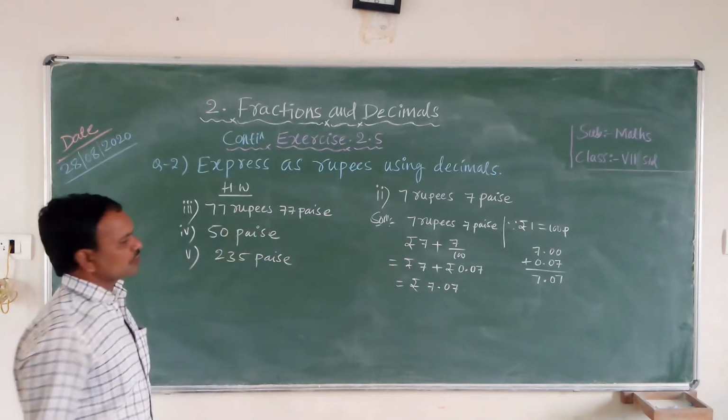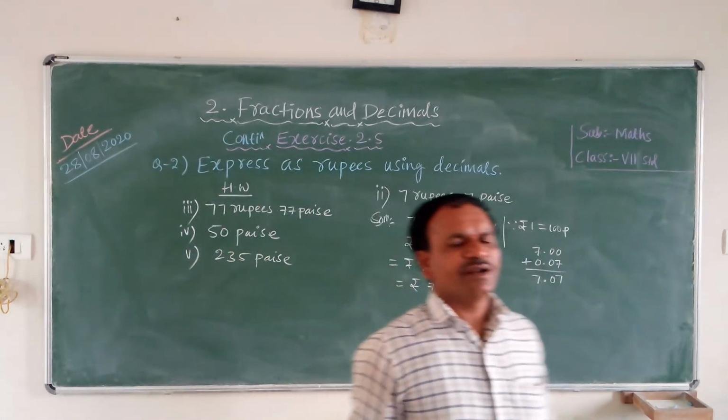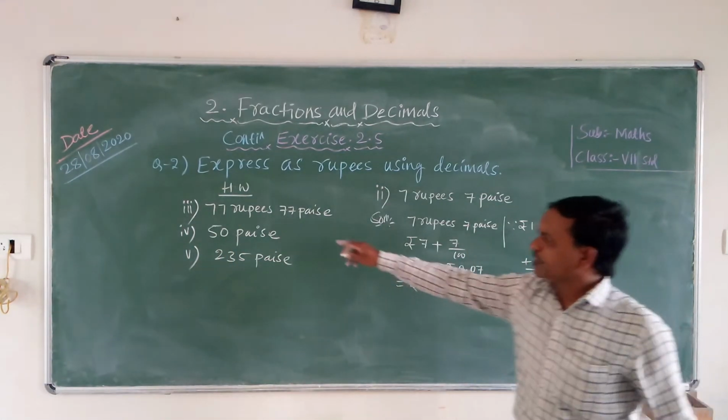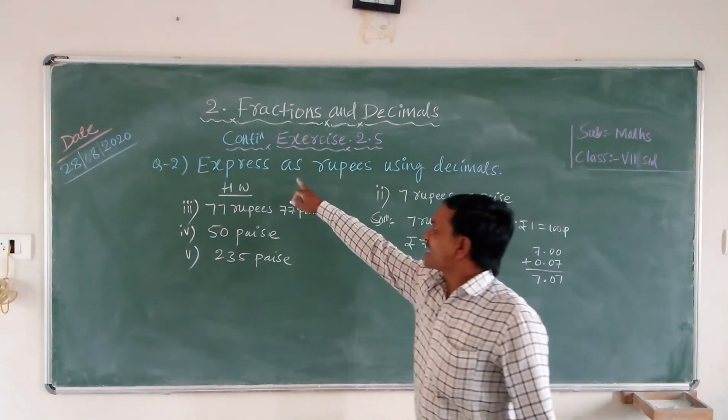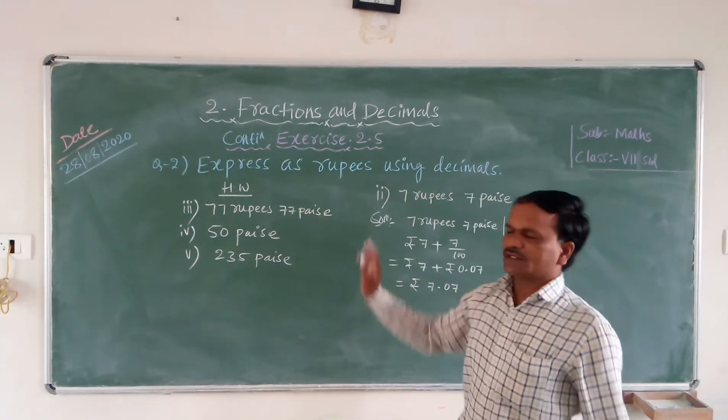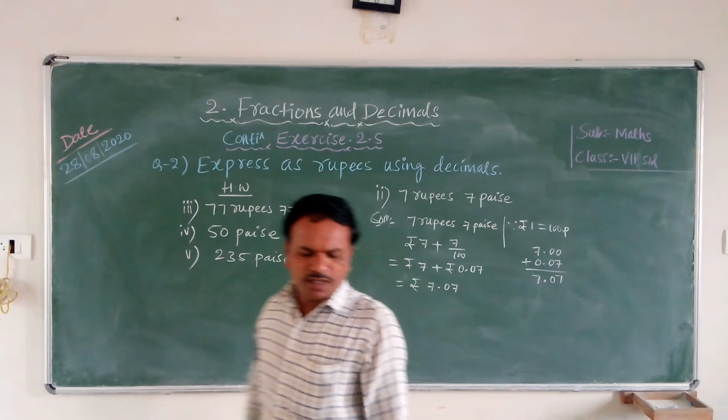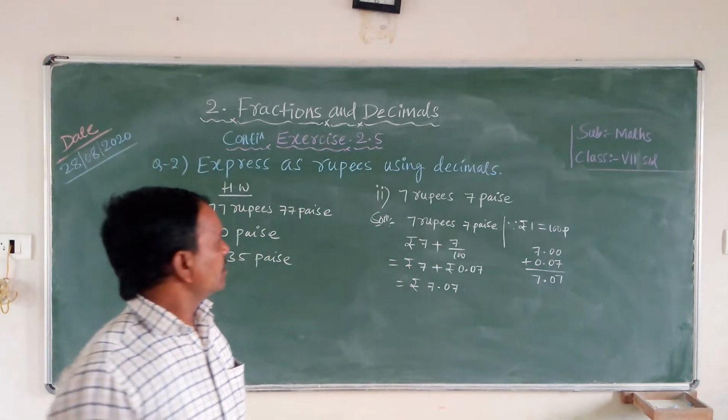Of the 5 in total, I explained 2, and only 3 are homework. Express as rupees using decimals. This is how we do decimals.